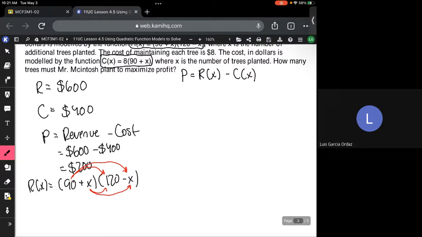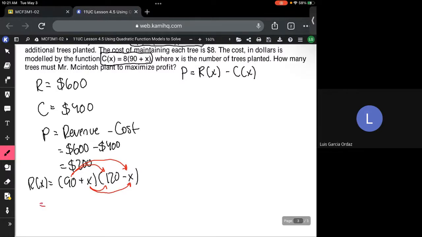Yeah. What's 90 times 120? Use your calculator. 10,800. What's 90 times negative x? Okay. And we have plus 120x minus x squared.